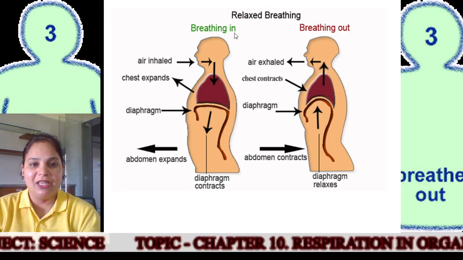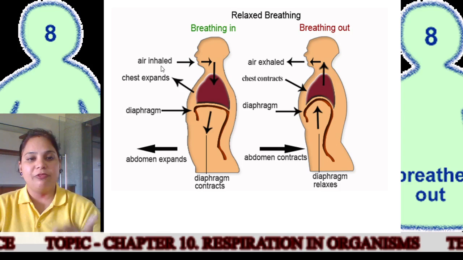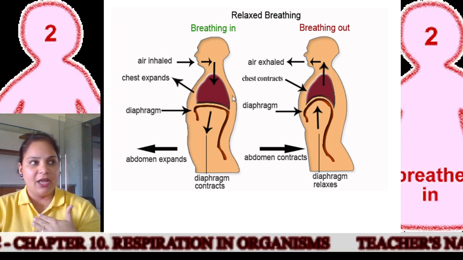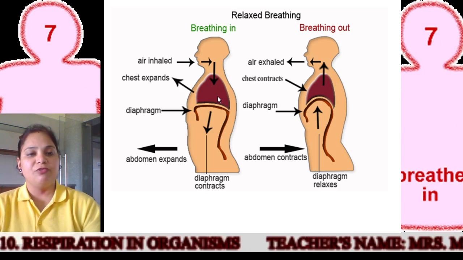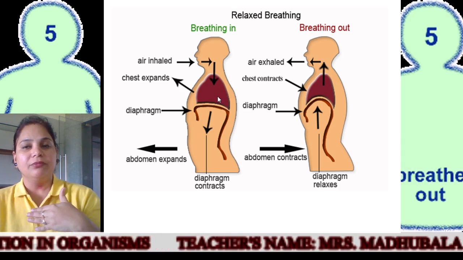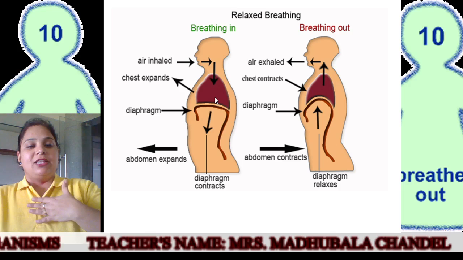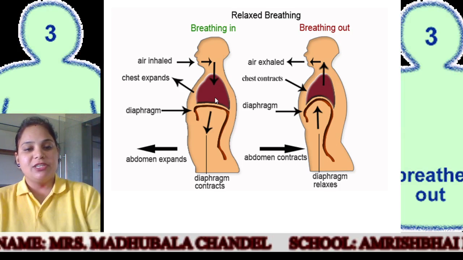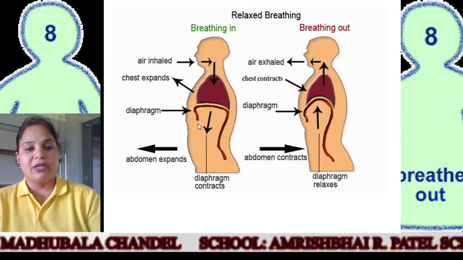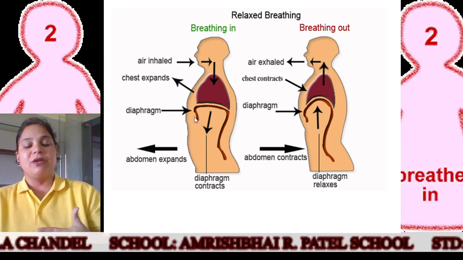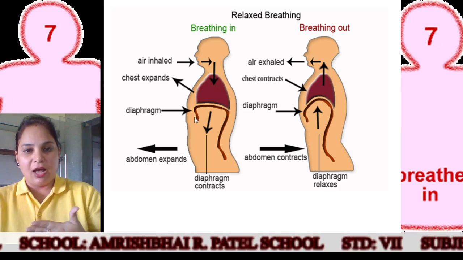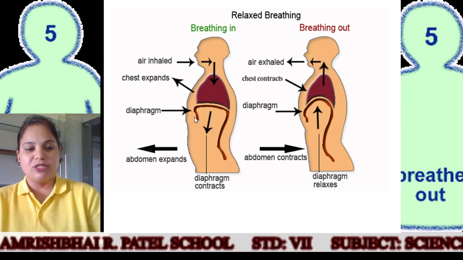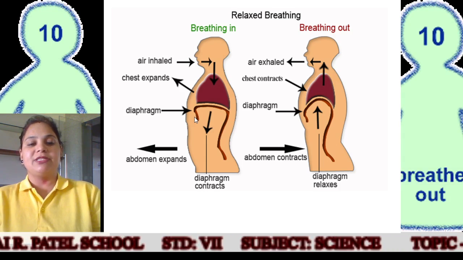When we breathe in, we inhale oxygen, and the chest expands. What happens to the diaphragm? As the chest expands, the diaphragm is contracting and moving down, and your abdomen expands.